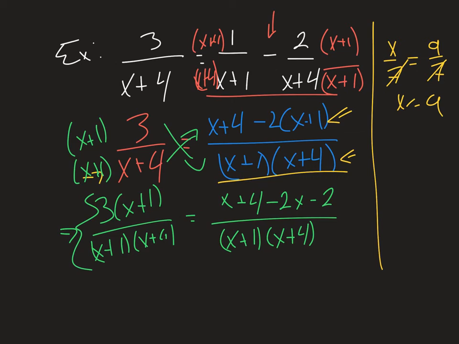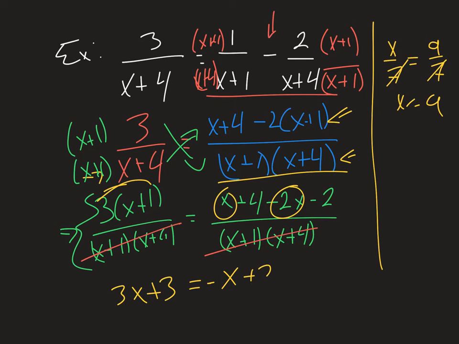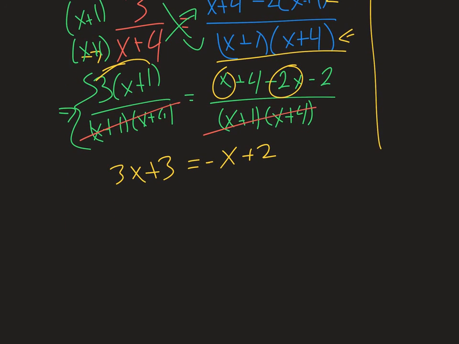If you wanted to jump to the next step, which is where we would essentially drop these denominators, you totally could, because we would know they'd be the same. So I'm going to distribute this 3 in. 3x plus 3 is equal to, and I'm going to combine some like terms, negative x plus 2. And at this point, this equation is much, much easier to solve for.